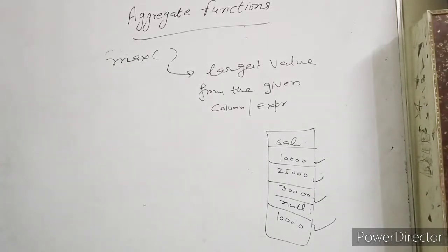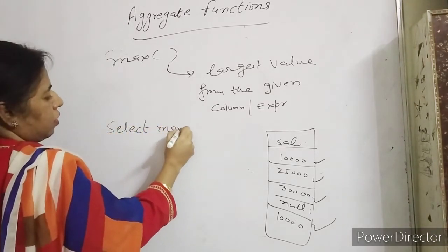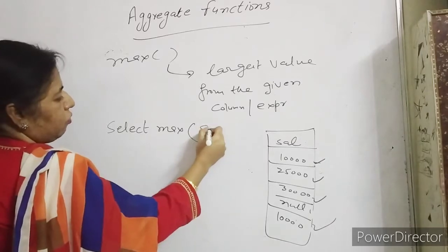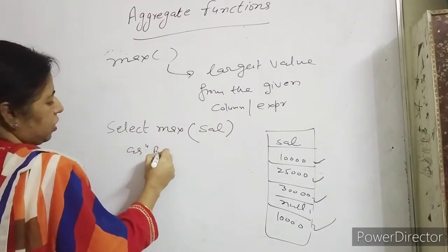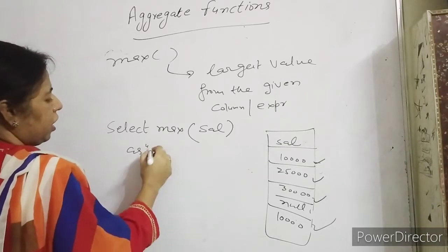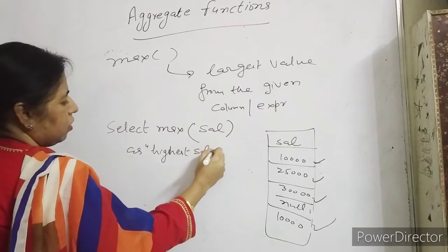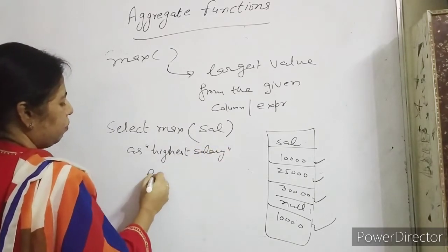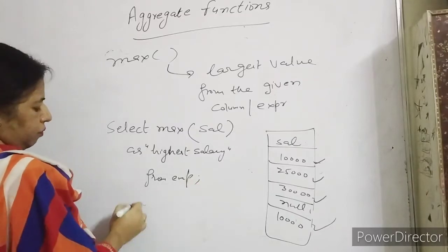We can use it with numeric values as well as dates. I want to calculate the maximum salary. You will write SELECT MAX salary AS highest salary FROM EMP. Clear? What answer you will get?